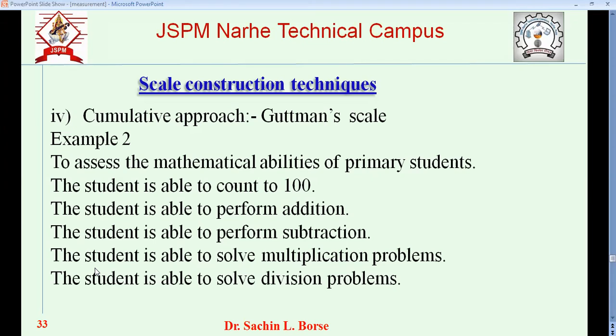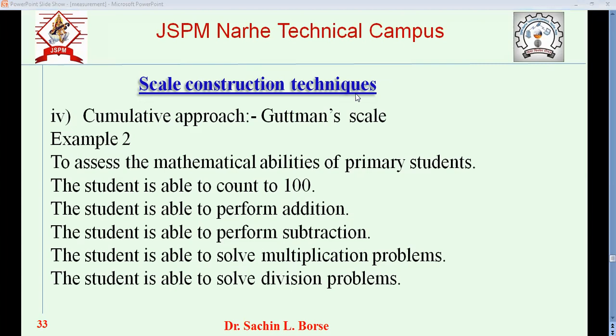Now, it is about the mathematical ability of primary students.